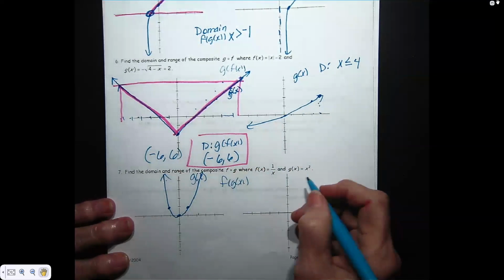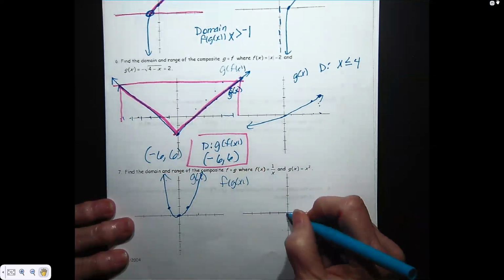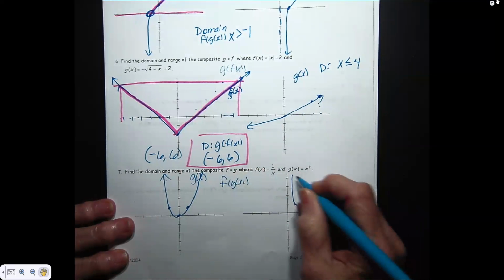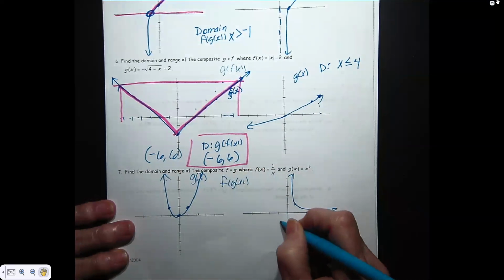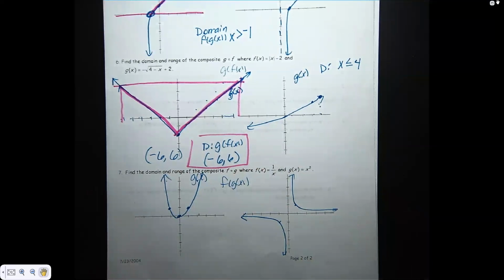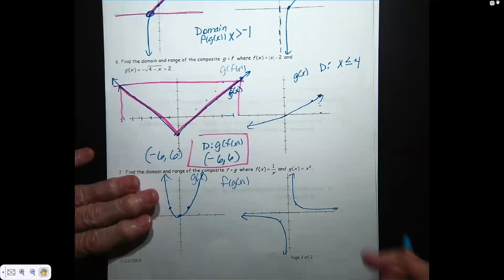And f of x is 1 over x. So that becomes my inner function, which is all real.